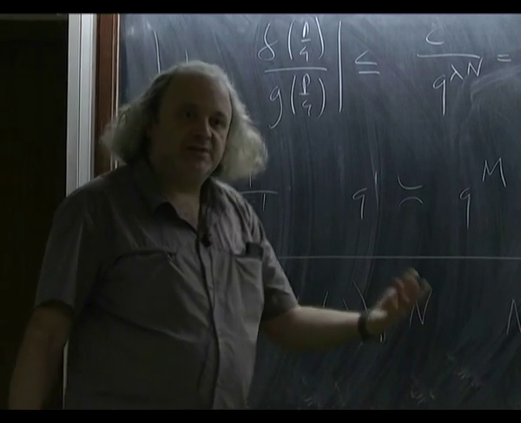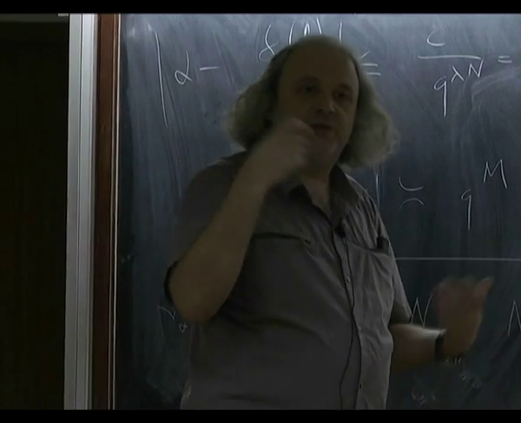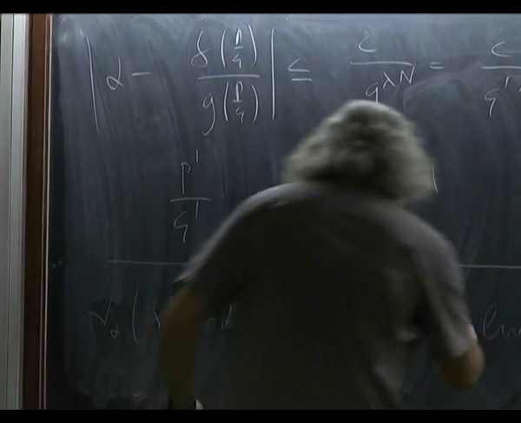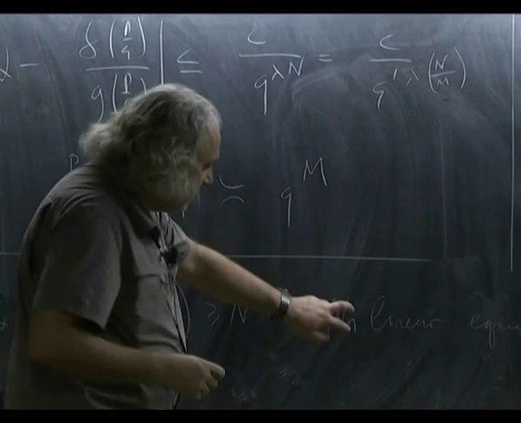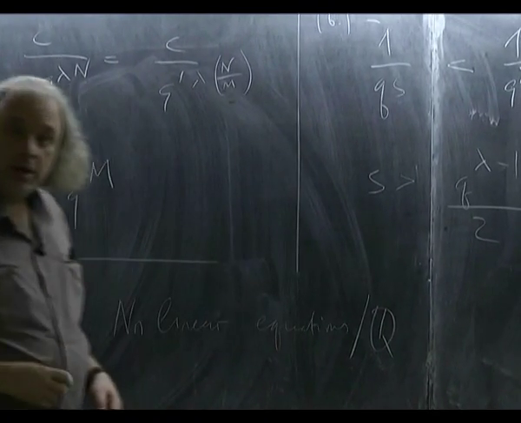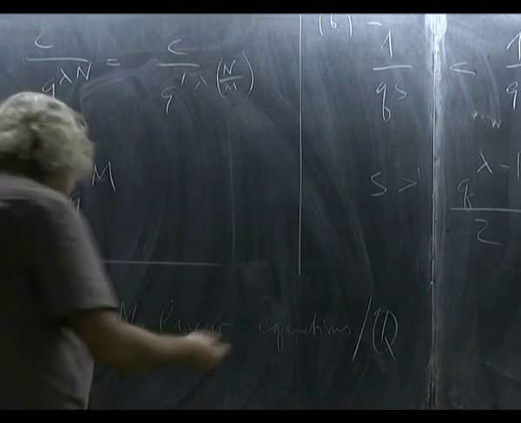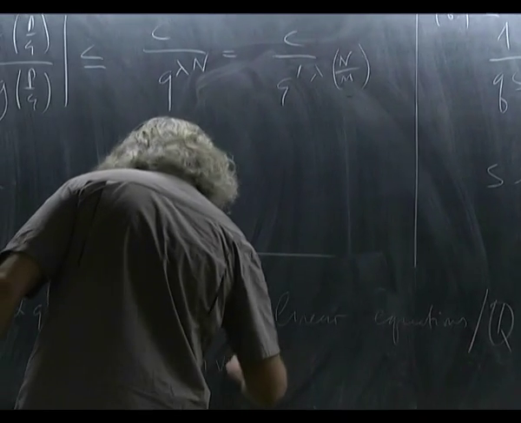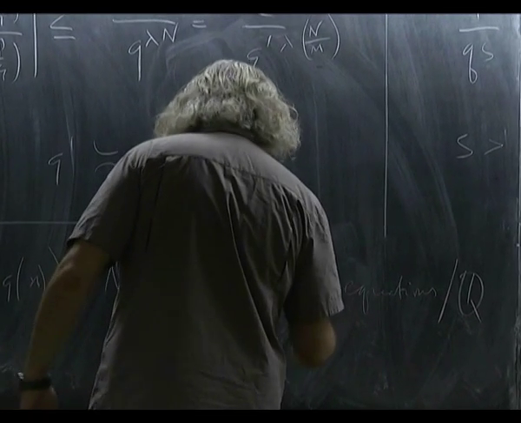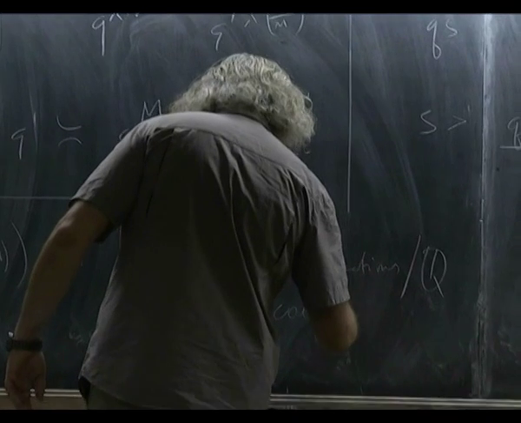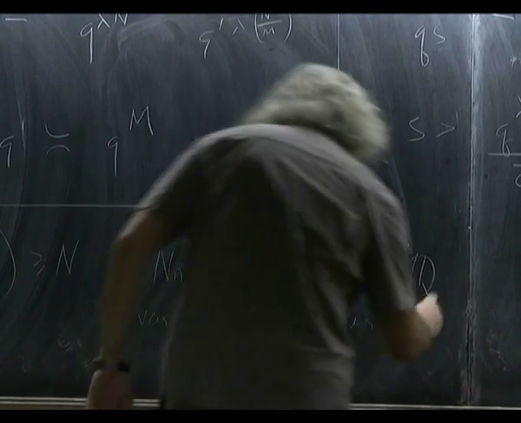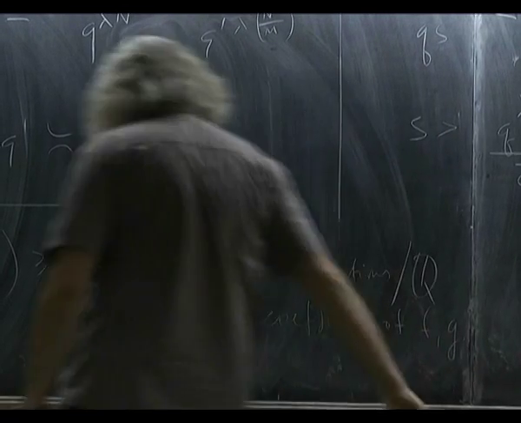So it is n linear equations with coefficients in the field. If we want coefficients over Q, it will be n times little n linear equations over Q. And the variables are the coefficients of the polynomials f and g.